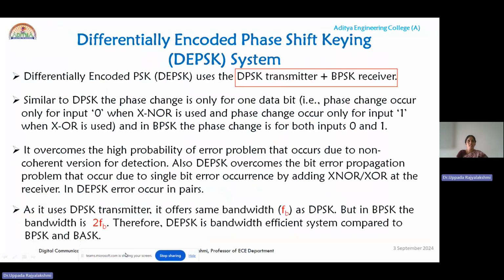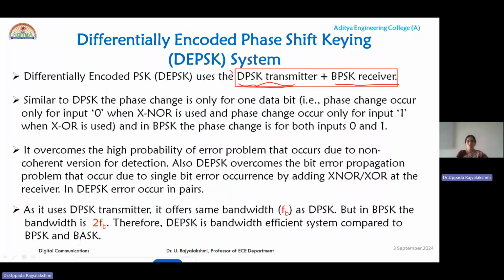Here you can see that this differentially encoded PSK is a combination of a DPSK transmitter and a BPSK receiver. We know the advantages of the differential phase shift keying transmitter because it consists of a differential encoder and a product modulator. The circuit is very simple, and the bandwidth required for transmitting the DPSK signal is half that of BPSK.